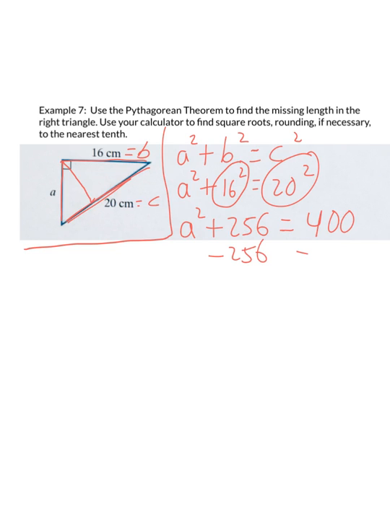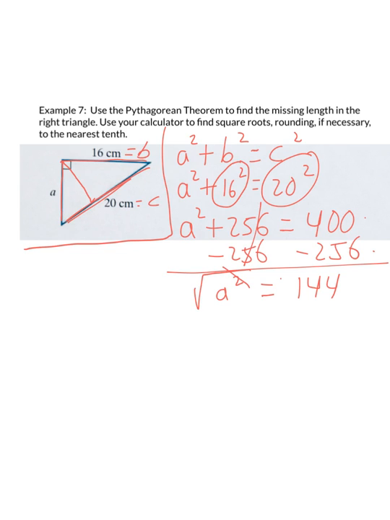So I got to do minus 256 to boot it to the other side of the equation. So bring down the A squared you haven't touched yet, and bring down the equal symbol. We're going to do 400 minus 256, which gives us 144.